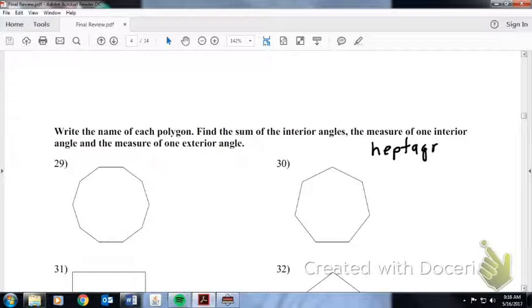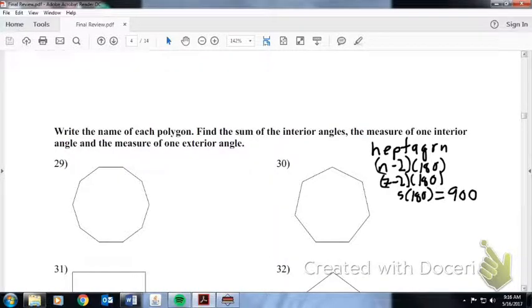So number 30, heptagon. Sum of the interior angles, we're going to go n minus 2 times 180. That's 7 minus 2 times 180, 5 times 180, or 900. So the sum of the interior angles of a heptagon is 900. The value of each individual angle we get by going (n minus 2) times 180, over n.